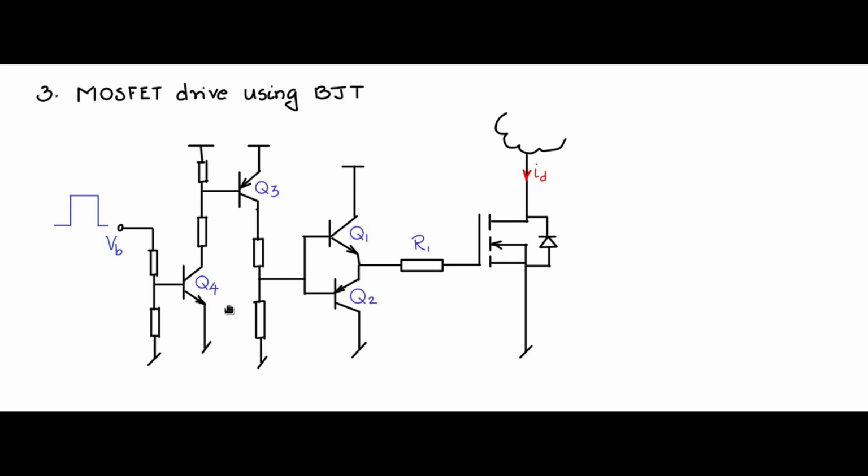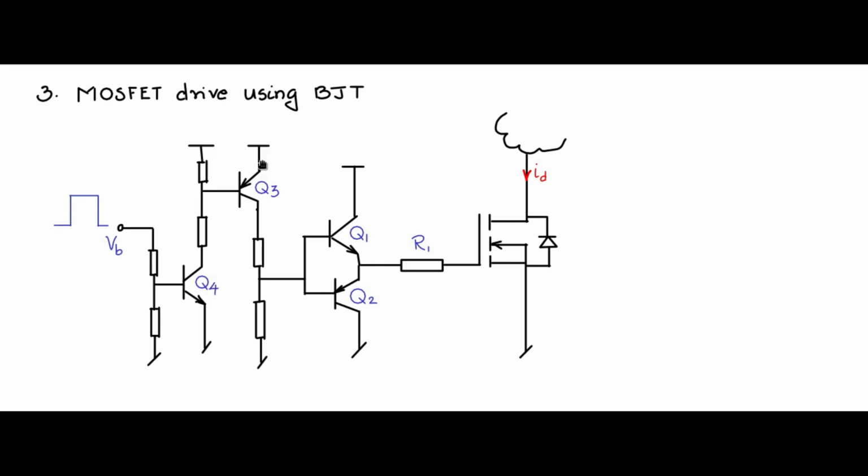We have 4 transistors. So whenever VB is low, there is no drive current flowing through this resistor path, no base drive for Q4. Q4 is off. When Q4 is off, there is no current in this path, therefore no base drive for Q3 base, therefore Q3 is off.